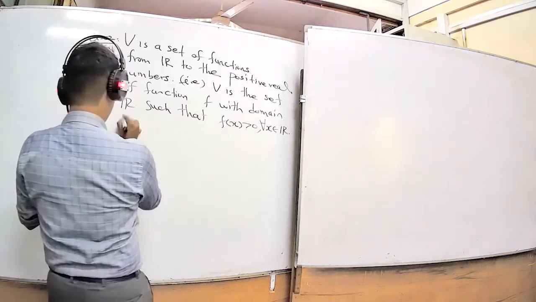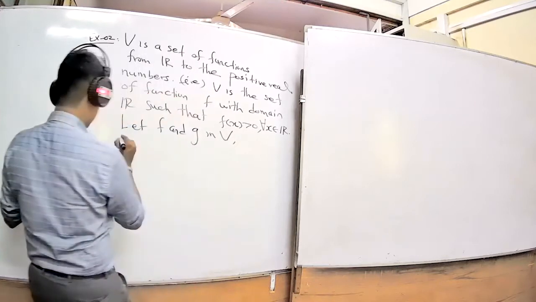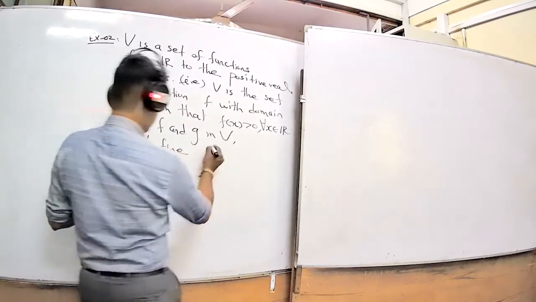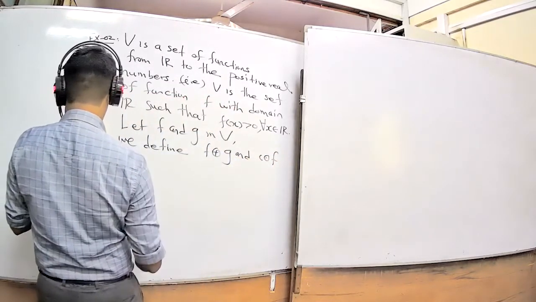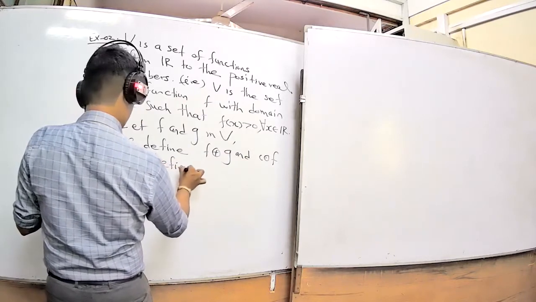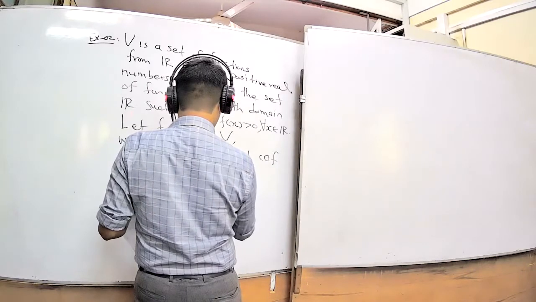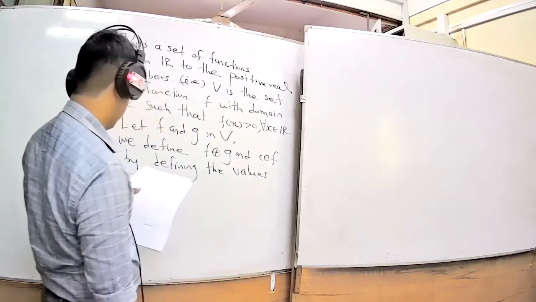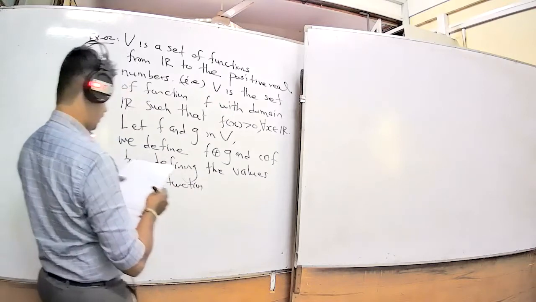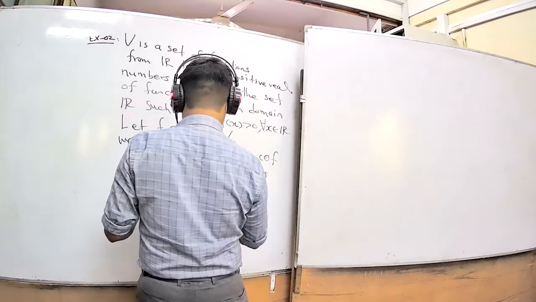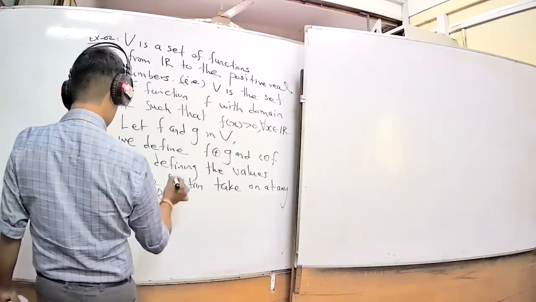Let f and g be in V. We define vector addition and scalar multiplication by defining the values this function takes on at any x belonging to the real numbers.